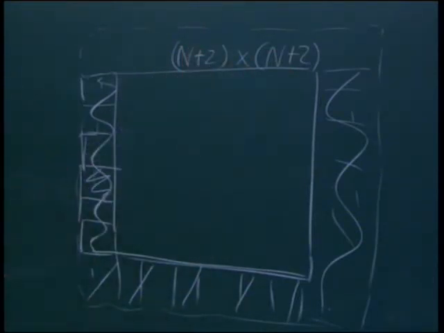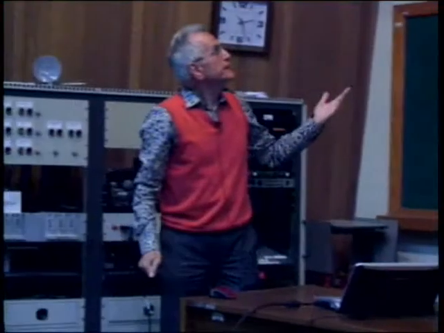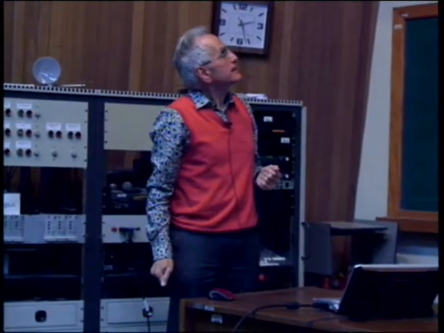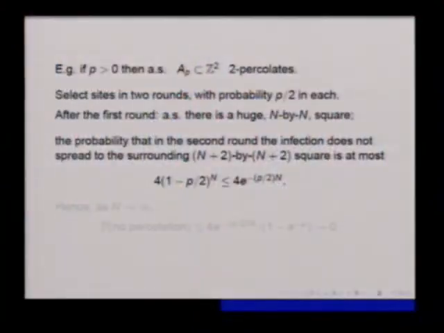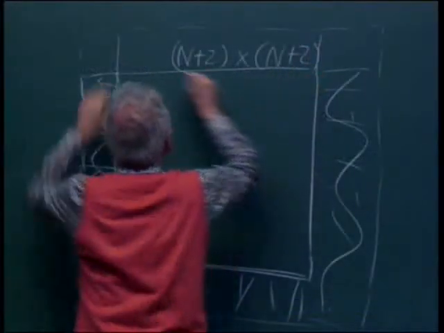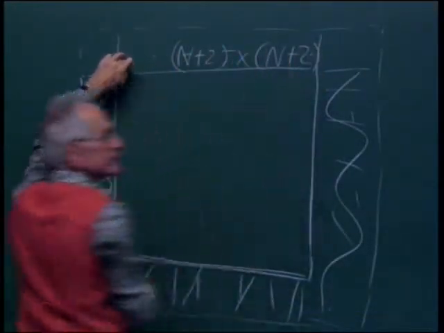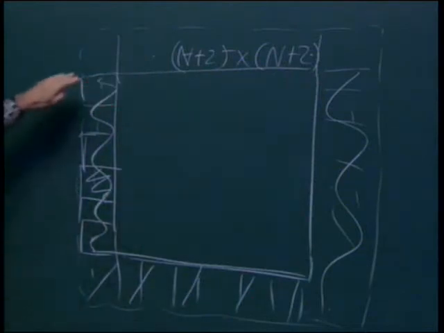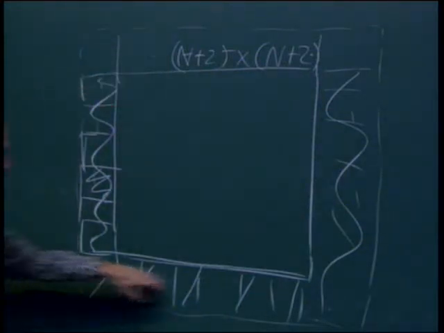So what's the probability that it does not happen? How can it not happen? We mustn't have any of these infected. So either none of these n sites is infected, or none of these n sites is infected, or none of these n.